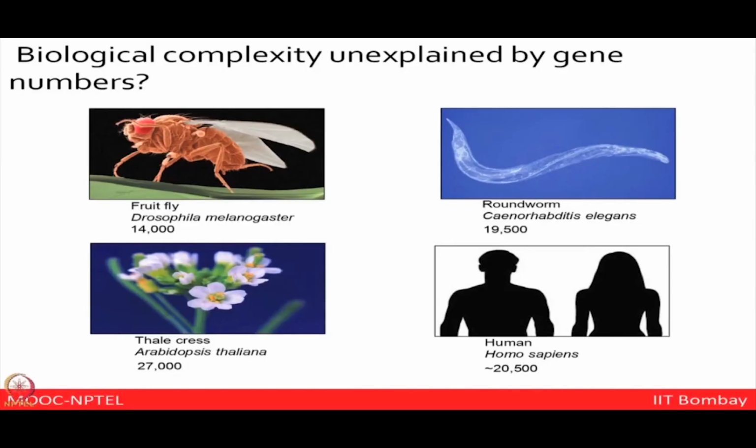While this was one of the major breakthroughs which has happened in front of many of us, a major milestone in biology, when people looked at a variety of model organisms, especially the fruit fly, Drosophila melanogaster, the roundworm, C. elegans, the thale cress, Arabidopsis thaliana, and human, Homo sapiens, they showed that the number of genes is not very different in different systems.